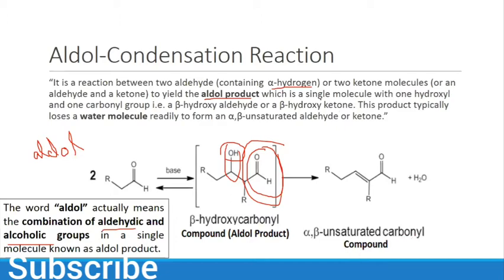First of all we need two aldehydes or two ketones, or an aldehyde and a ketone, to yield the aldol product having aldehyde and alcohol groups in the same molecule, and then we have our final product after condensation by withdrawing a water molecule from the aldol product.